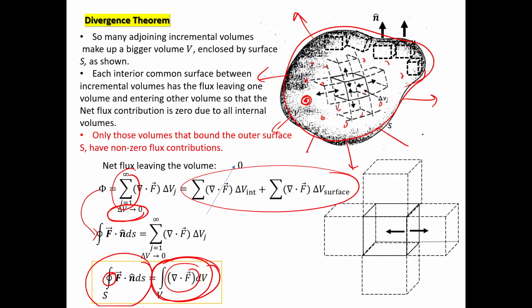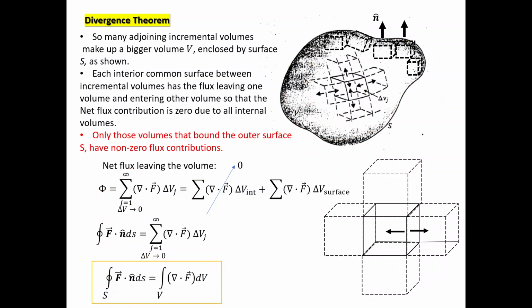Divergence indicates the presence of charge. There may or may not be presence of any source or charge. So net outward flux will be the sum of individual divergences. We have already discussed, if the flux is non-zero, that means there is presence of source or sink. Hence we can say the net outward flux will depend on the total divergence inside the volume, and that divergence indicates the presence of source or sink.